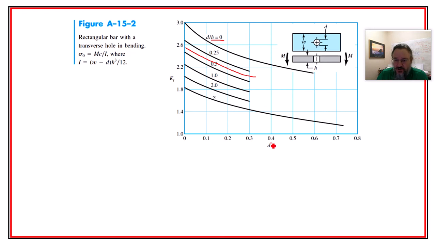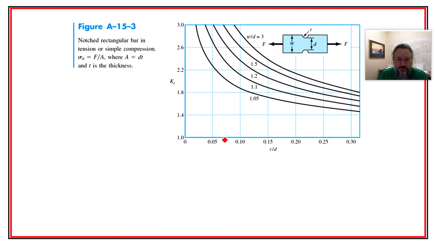And then we also see that it's a function of D and W, just like the other one was. So we would see where they would cross, let's say if it was 0.2. And of course this is the load, and this is the nominal stress. The nominal stress is going to be based on this moment of inertia, so keep that in mind. Got to look at the caption.